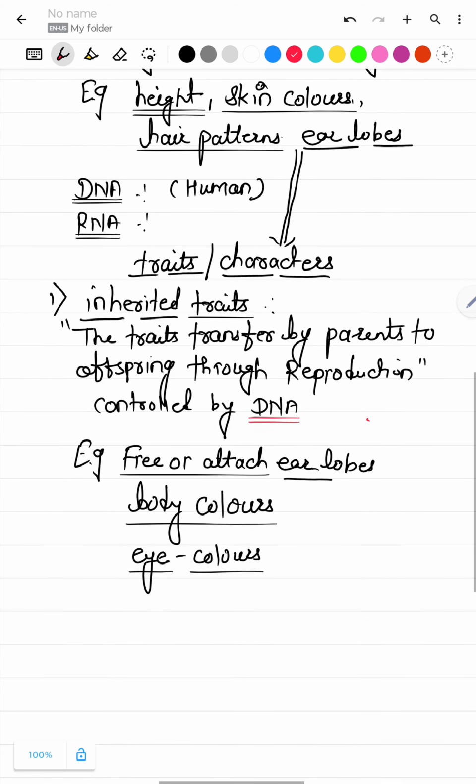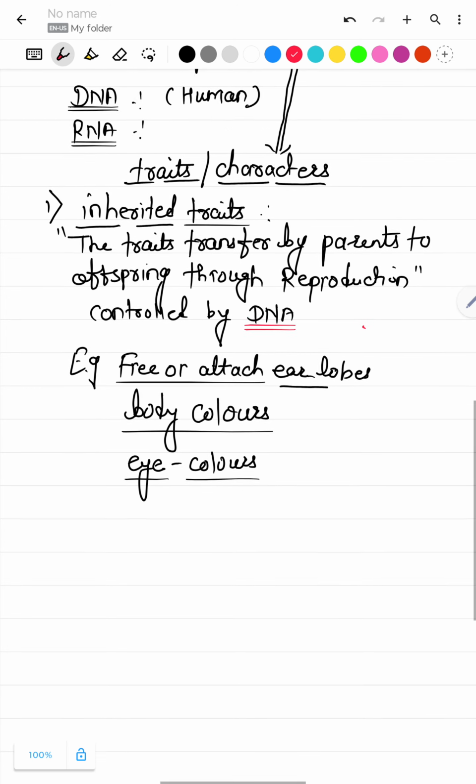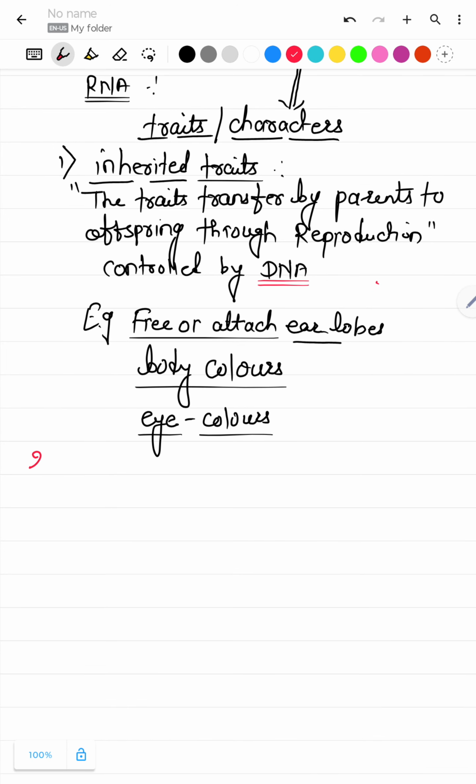Now the next trait, the second type of trait, that is what? Acquired trait. What is the meaning of acquire?